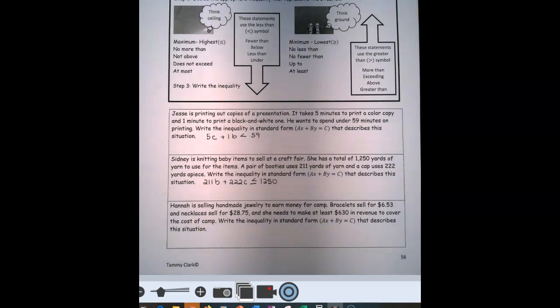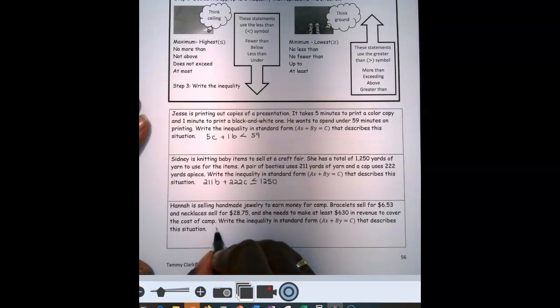Hannah is selling handmade jewelry to earn money for camp. Bracelets sell for $6.53 and necklaces sell for $28.75. And she needs to make at least $630 in revenue, meaning money that's coming in to cover the cost of the camp. Write an inequality in standard form ax plus by equals c that describes the situation.